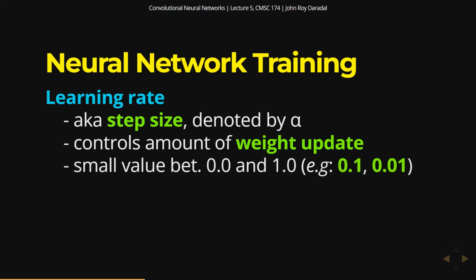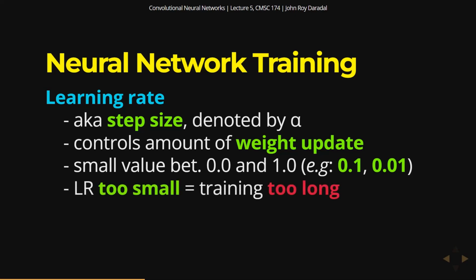It's usually a small value between 0 and 1, and the usual learning rates that we use are 0.1 and 0.01. Now it's important to set the proper learning rate, because if the learning rate is too small, then the weight updates would also be small, and it would take a long time to train, because our progress is basically small also.